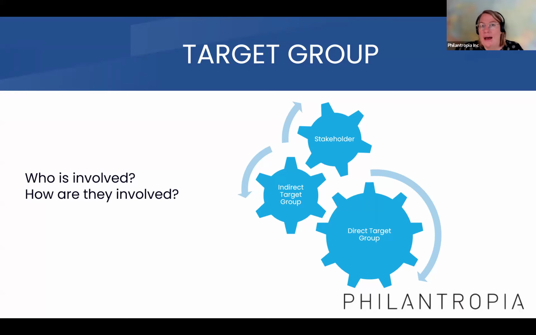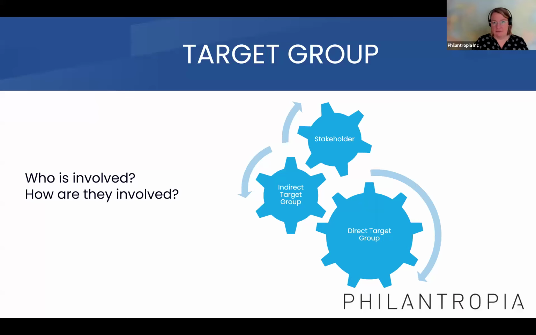The indirect target group are people that are not in direct contact with your organization, but still benefit from the project in some kind of way. So these could be family members.